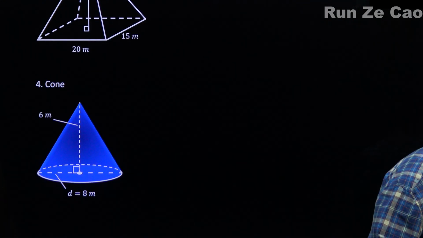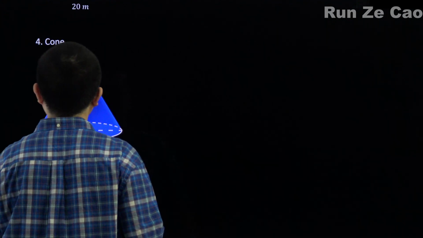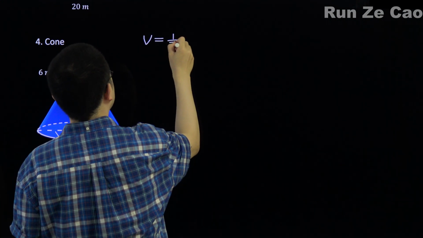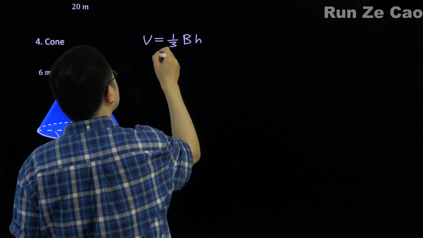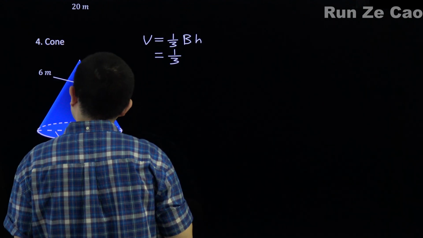Okay. A cone with height of 6 meters and diameter 8 meters, that's got a volume of 1/3 base area times height, or 1/3 pi r squared times height.